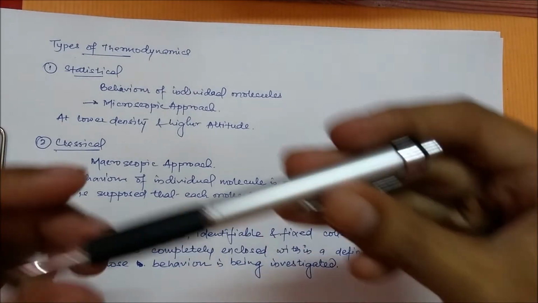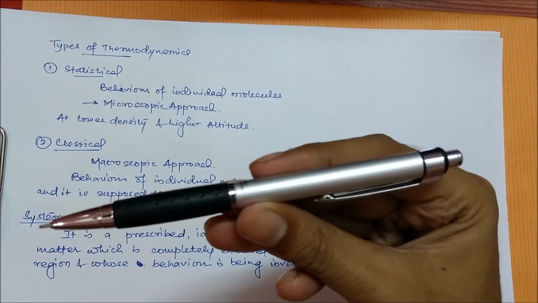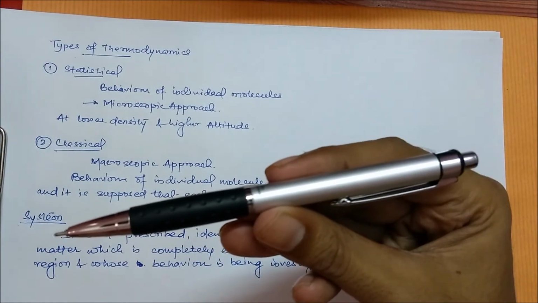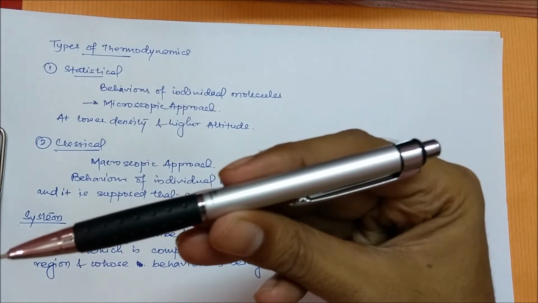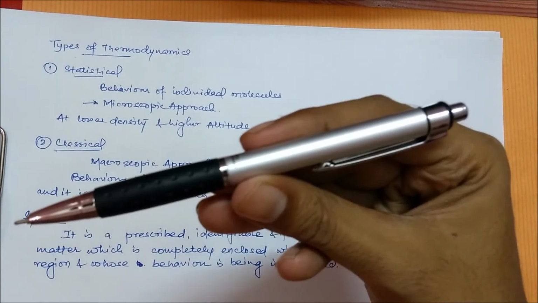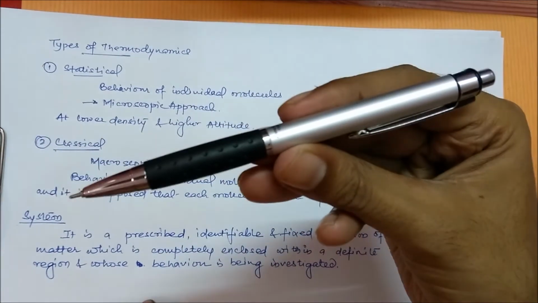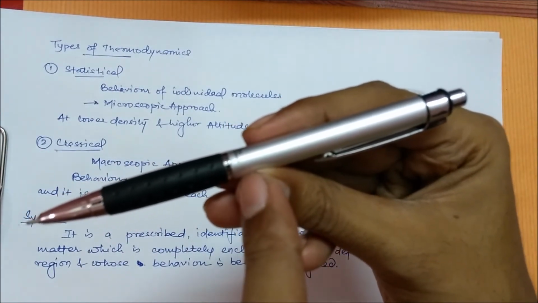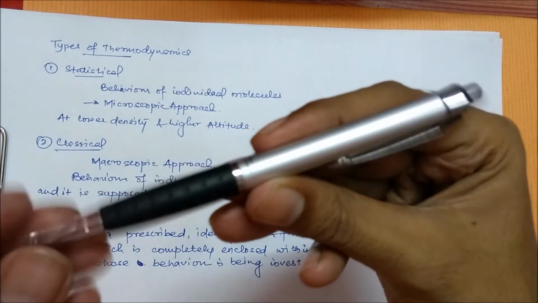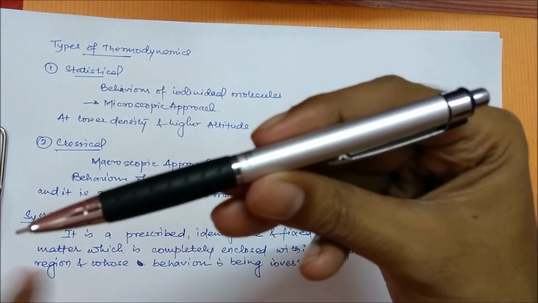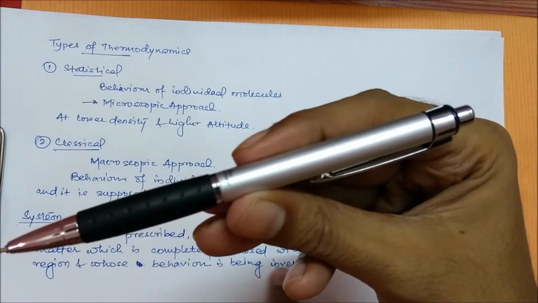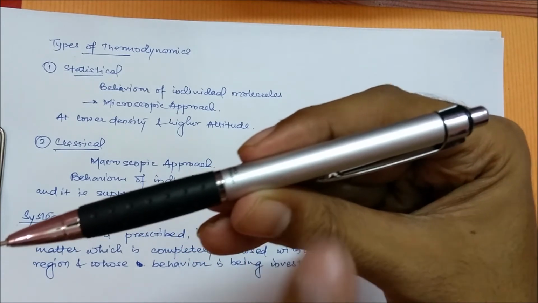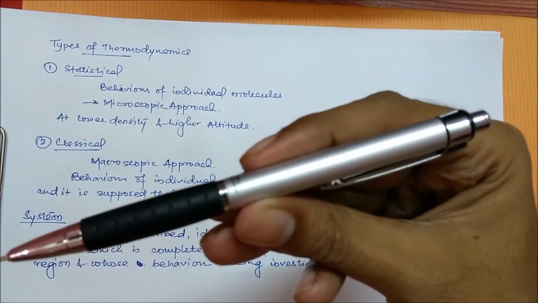So previously I have discussed that this is a pen and it can be a system, and anything other than this is a surrounding, and we focused on the changes in the properties of the system, that is its pressure, temperature, etc. Right. So if we see the definition what we have given right now is, it's a prescribed, identifiable, we can identify it in space, it's a fixed collection of matter, yes it is a fixed collection of matter, which is completely enclosed within a definite region, yes we have a definite region within this, the matter, whose behavior is being investigated, and we are investigating its behavior upon the changes in the surrounding when this system is interacting with the surrounding, right?